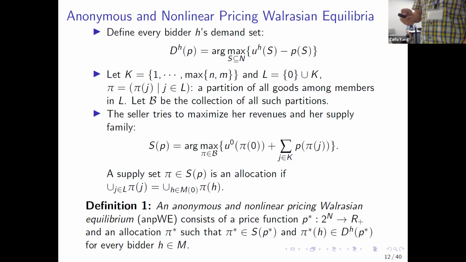One is the pricing function P star, and one is the allocation pi star, such that this pi star should be in the supply set of the seller, and then every bidder should get his optimal bundle. So this is the equilibrium concept we use.